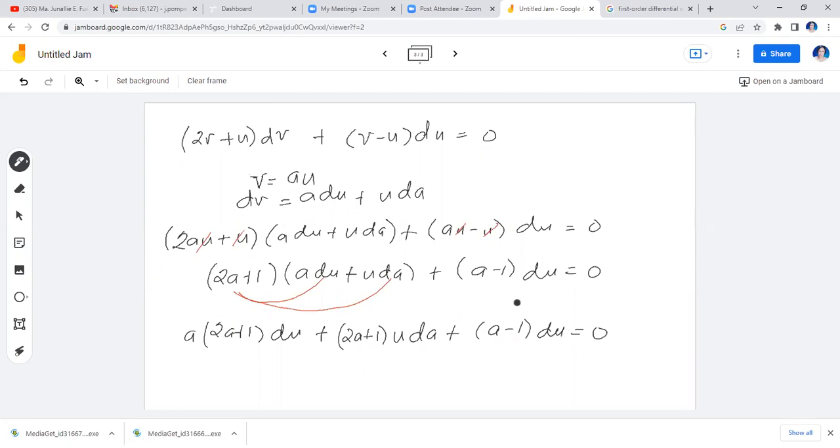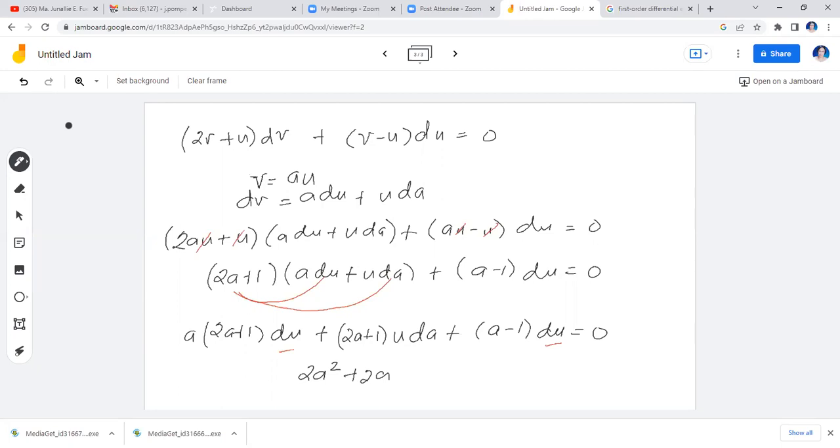Okay, then what have you noticed? You have two du's. Of course, you need to combine. So you have this du here and this du here. So you combine their coefficients. I have a 2a squared here and there's no a squared here, so I'll write it as 2a squared. Then I have an a and I have an a, so that would be 2a, right?